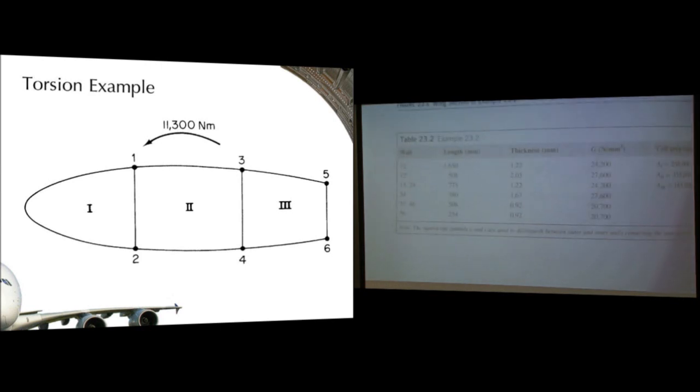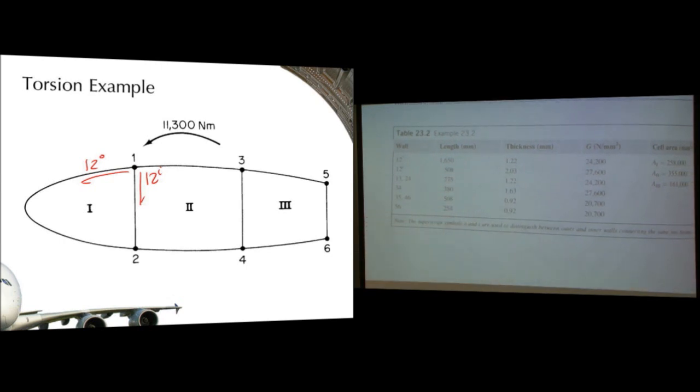So just for the video, this is 1, 2 outer. And this is 1, 2 inner. And the other numbers are all self-explanatory. The length of every boom is here in the table.